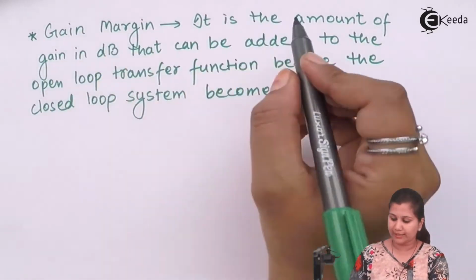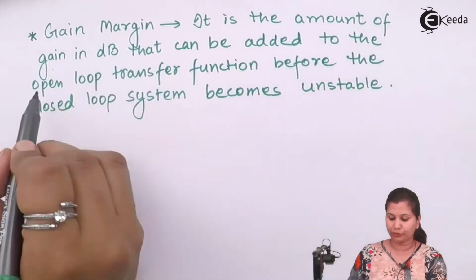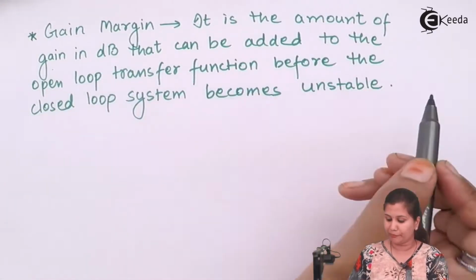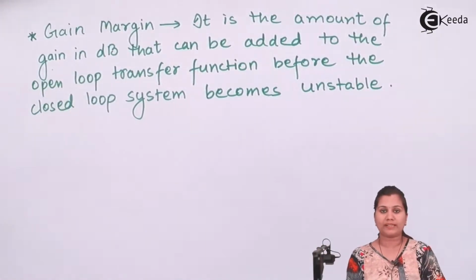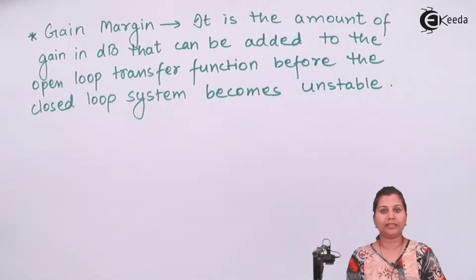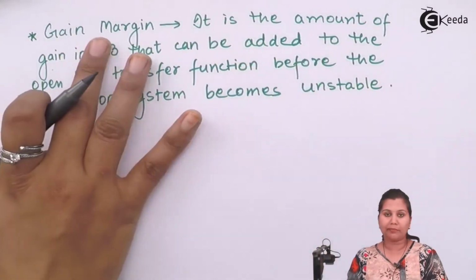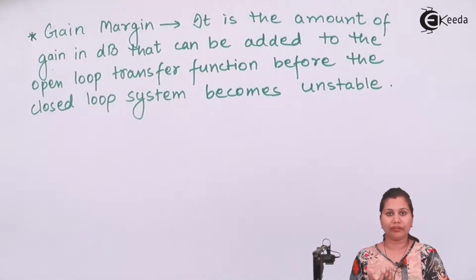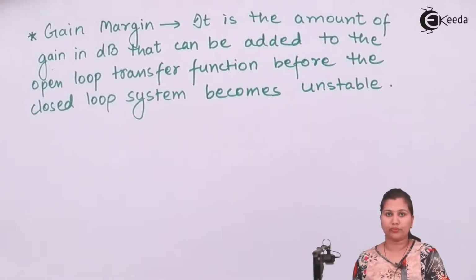So gain margin is the amount of gain in dBs, that is decibels, that can be added to the open loop transfer function before the closed loop system becomes unstable. Just like phase margin was the additional phase lag which has to be added to the system to bring it to the verge of instability, here also gain margin is the additional amount of gain in decibels which can be added to the open loop transfer function so that the closed loop system does not become unstable.